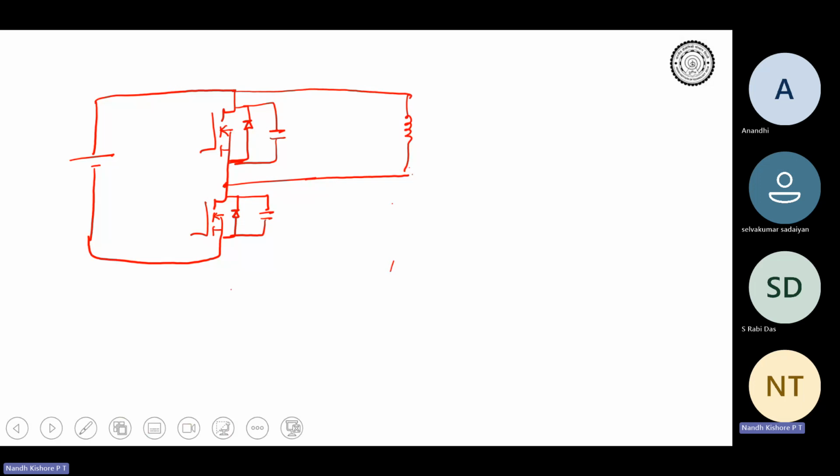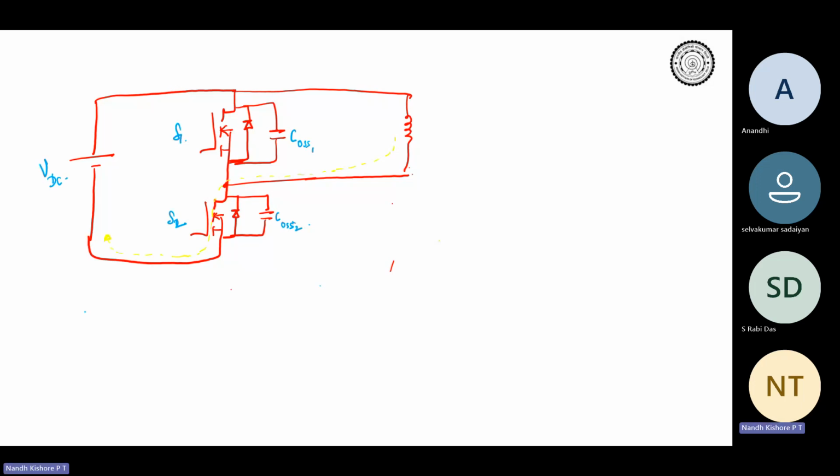This is the circuit we were dealing with, and right now I have taken only the drain to source capacitance, COSS 1 and COSS 2. This is S2, this is S1, and this is VDC. Right now we are at the point that your entire current is flowing through the channel of S2.